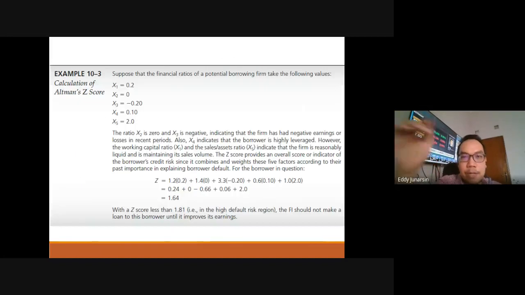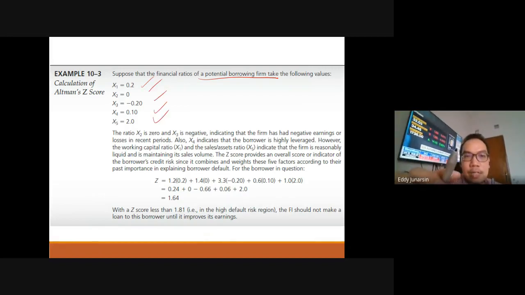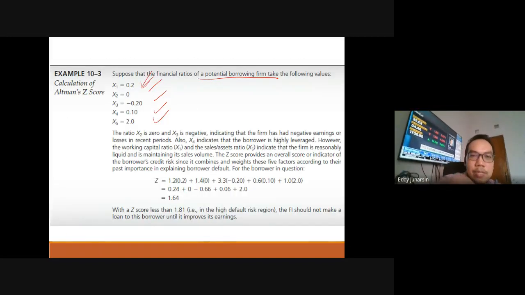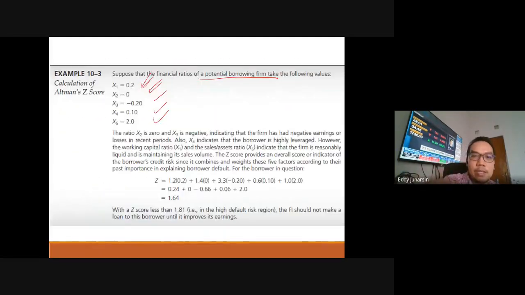So we've seen an example here. A potential borrower comes to you, and you check the data and you find out that these are the company's data. So the first ratio here was X1 again, working capital to total assets ratio is 20%. And the second one, X2, is retained earnings to total assets ratio, and so forth, right? So you plug the numbers into the equation. Okay?